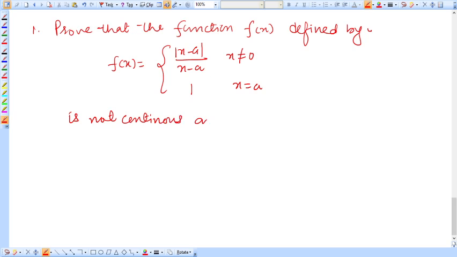Okay, and also give the kind of discontinuity. Okay, so let us try to solve this.